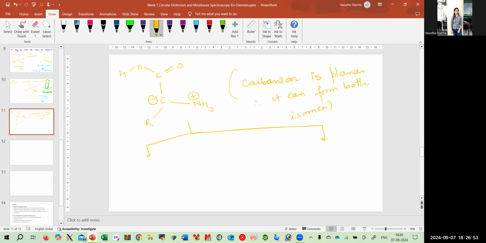Firstly, it will be having COOH, NH3, which is your L amino acid, and it can attack from the other end also, where COOH and NH3 is this side, R is this side, and H. So this is your D amino acid.